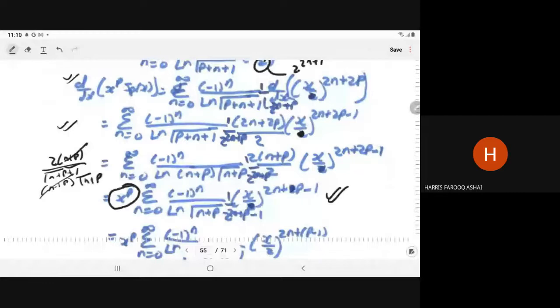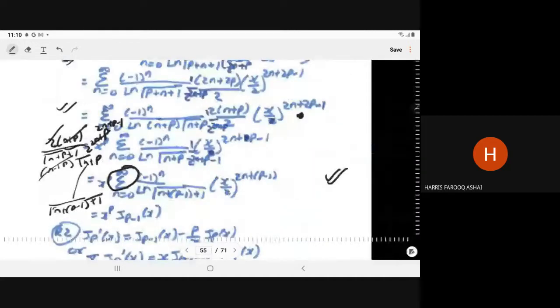In the denominator we have 2 to power 2n plus p, so if these 2s cancel, in the power we have 2n plus p minus 1, and this gamma of n plus p can be written as gamma of n plus (p minus 1) plus 1. So that we have written here.